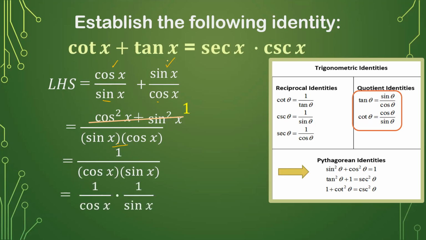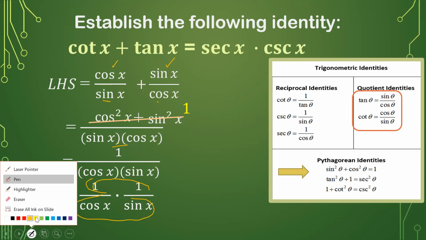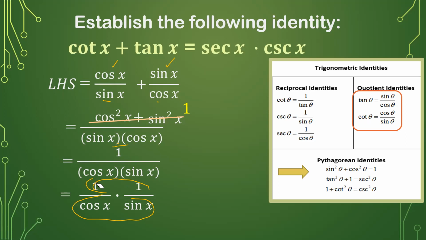Remember, let's recall the multiplication of fractions. How do we multiply fractions? We multiply the numerator by the numerator and the denominator by the denominator. So in the case of this one, it's reversed. We're given the product, and the factors are what we made.